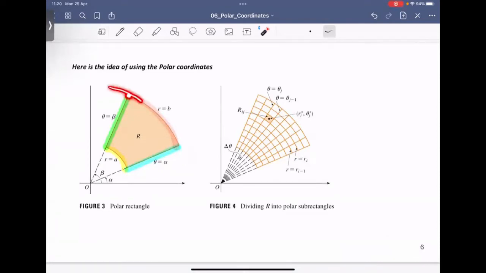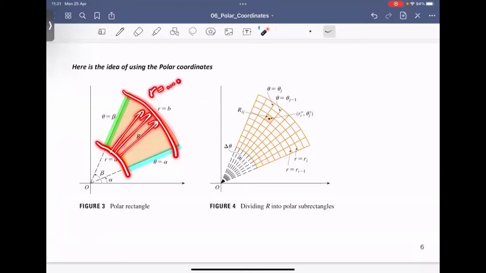Let's suppose this one is a circle, like x squared plus y squared equals 4, for example. You know the equation in rectangular coordinates, but you need to learn how to switch it to polar coordinates as well. Because on Wednesday, we're going to learn how to set up the integral, and then you have to integrate from this to this, this to this. You need to know what r is equal to.